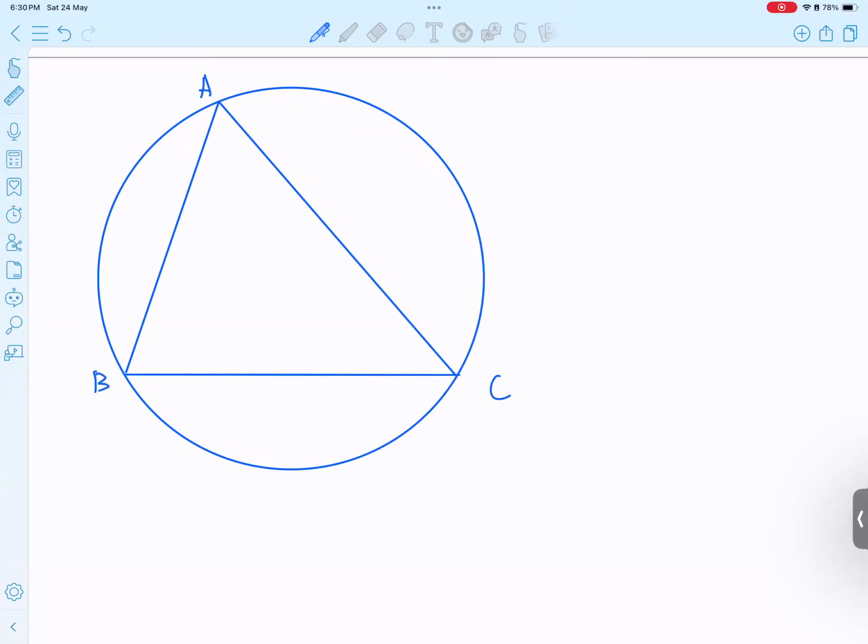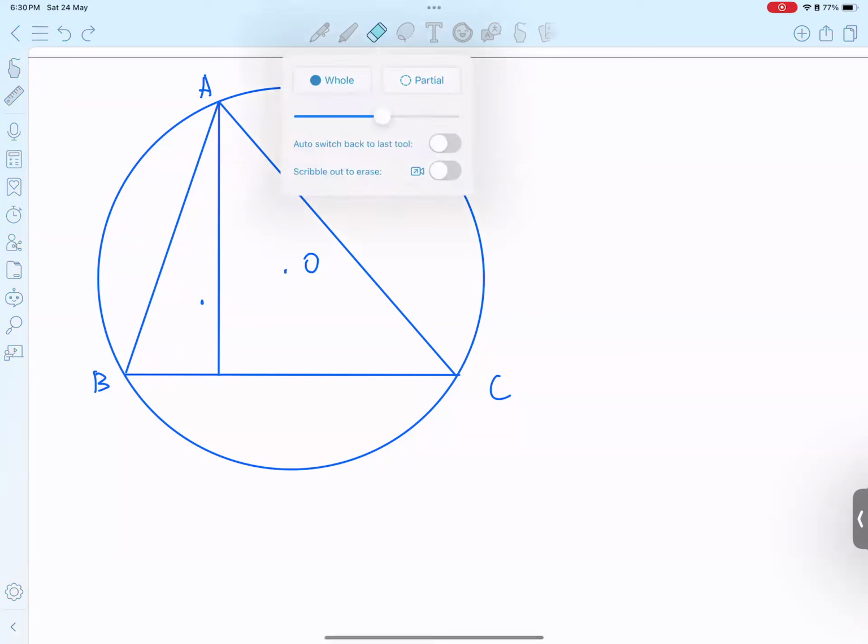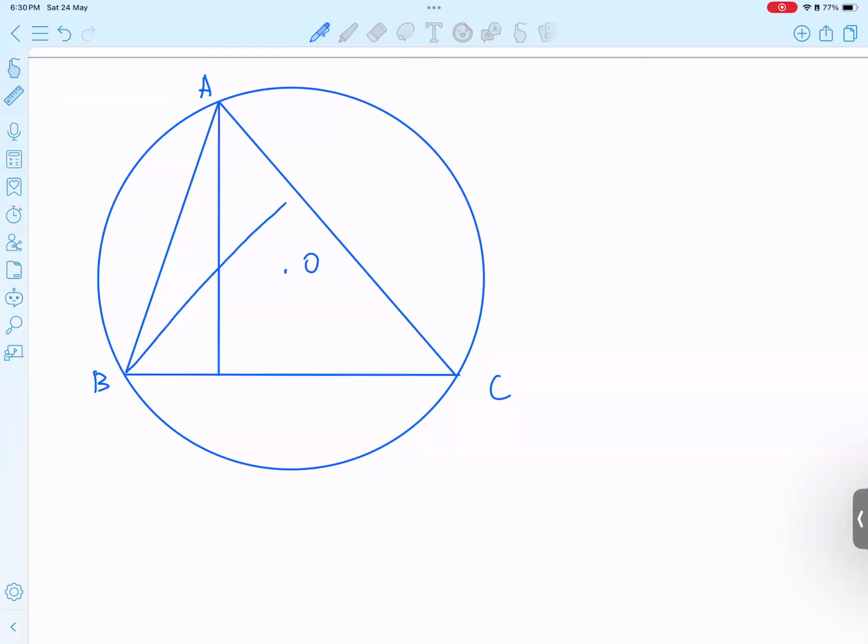So ABC, and then for the sake of pinpointing this O, this H, and the last proof, so this should be H. We were asked to prove BHC is 180 degrees minus BAC.